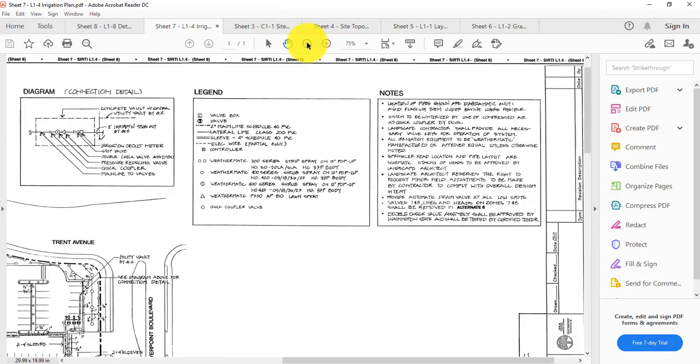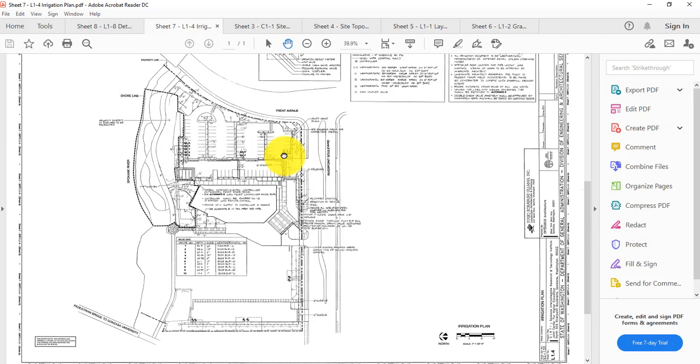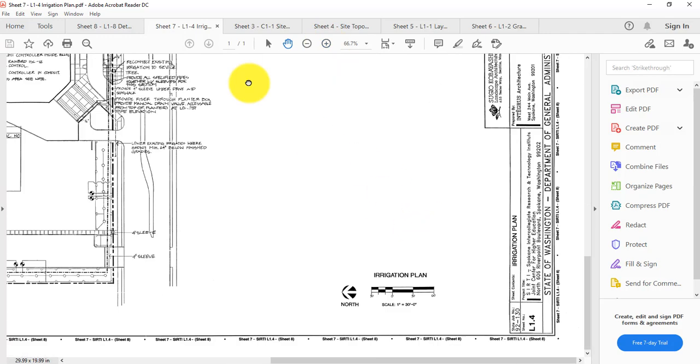Okay. Same site, just a little different information. I like these type of scales here. Sometimes the scale is represented by a number, like an inch equals 30 feet.